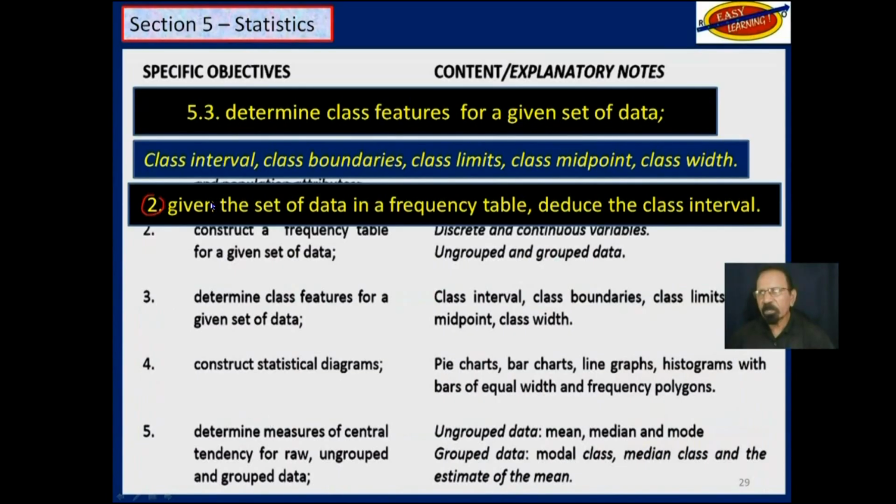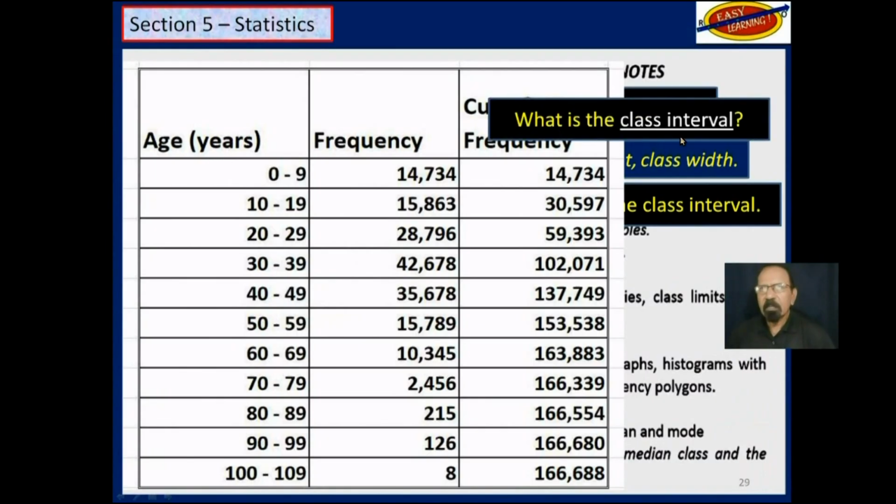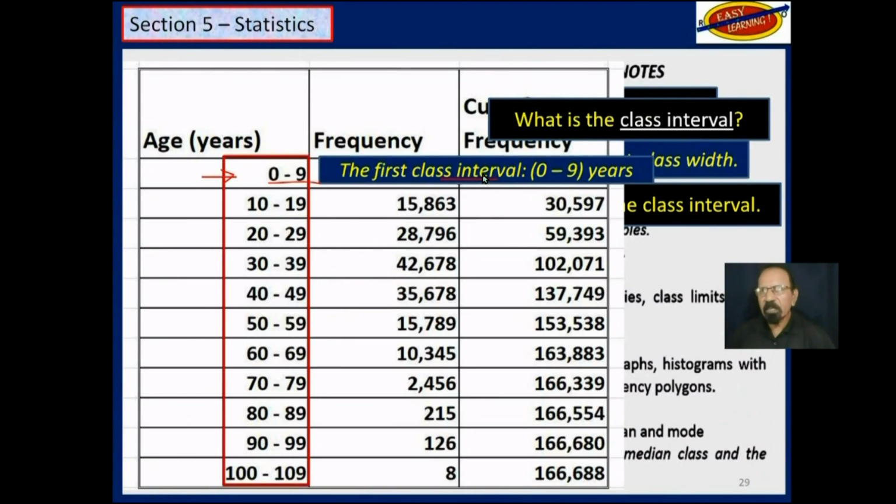Secondly, the second interpretation, given the set of data in a frequency table, deduce the class size. We have seen this before. What is the class interval, class size? Consider this here, from 0 to 9. The first class interval is 0 to 9 years, as you could see.